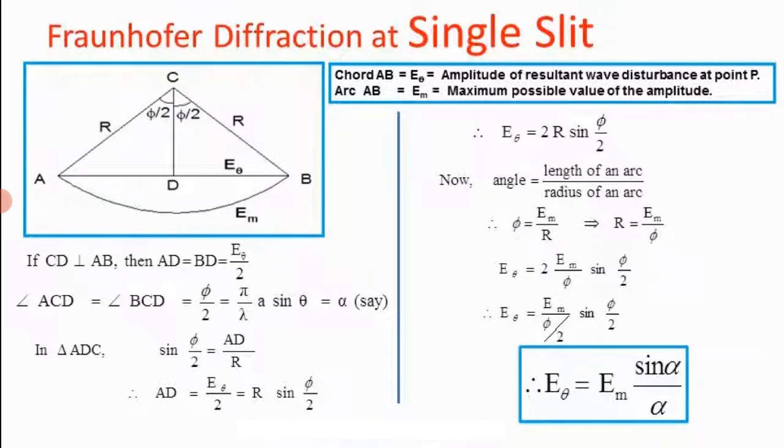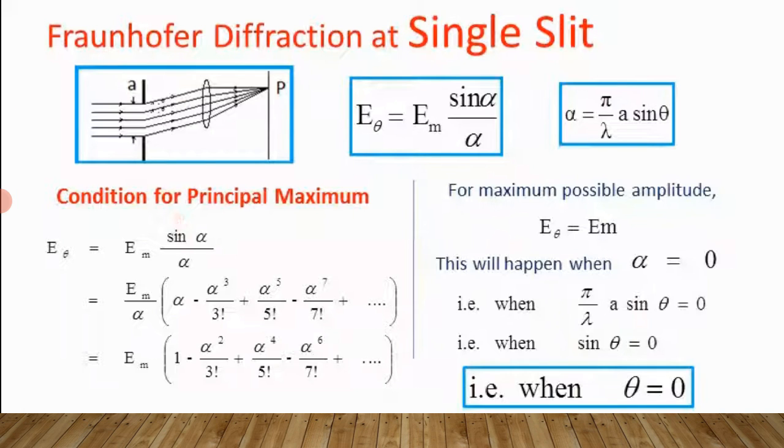Therefore phi is equal to EM upon R. Rearranging this equation, R is equal to EM upon phi. E theta is equal to 2 times EM upon phi times sin phi by 2. Therefore E theta is equal to EM upon phi by 2 times sin phi by 2. Therefore E theta is equal to EM sin alpha upon alpha.